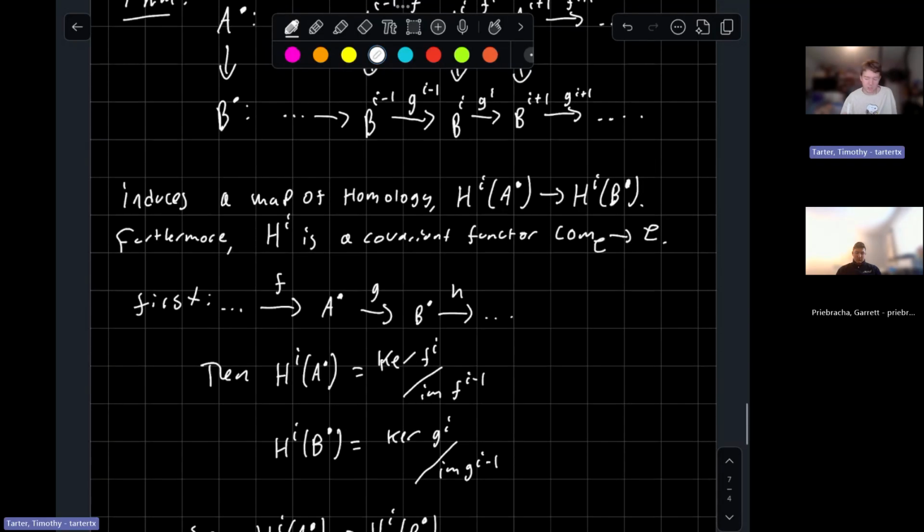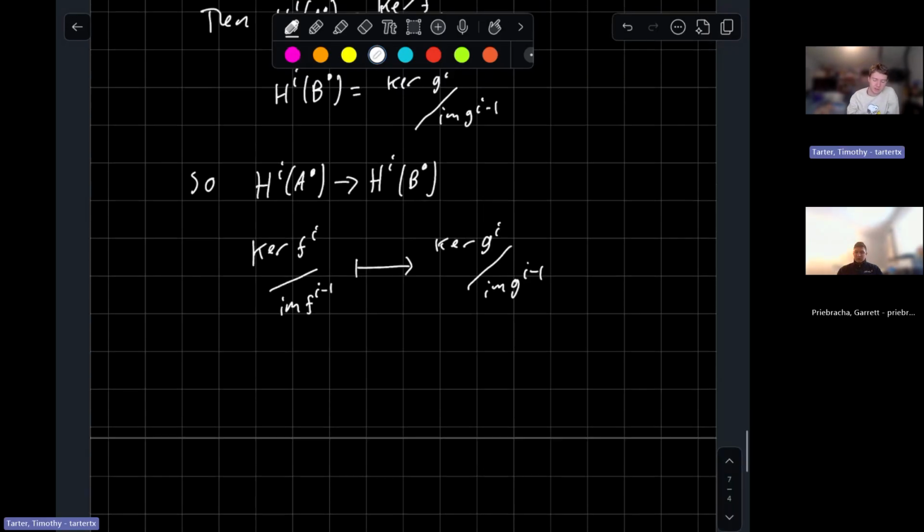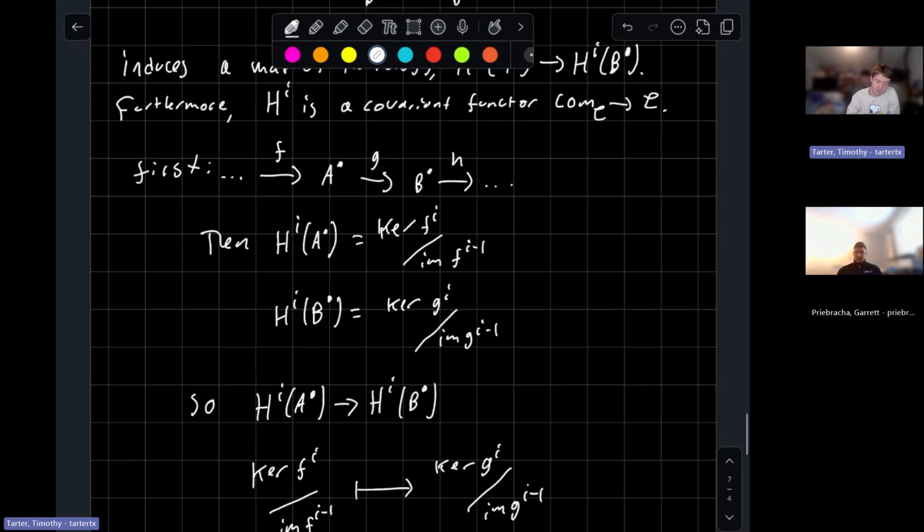In terms of HI being a covariant functor from the category of complexes to its underlying abelian category, HI gives us something that is definitely in the abelian category.